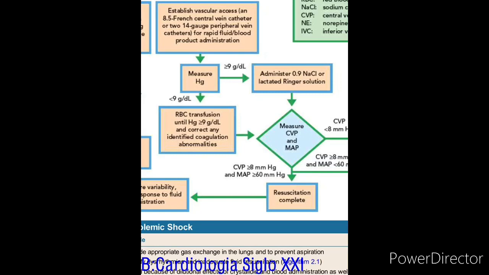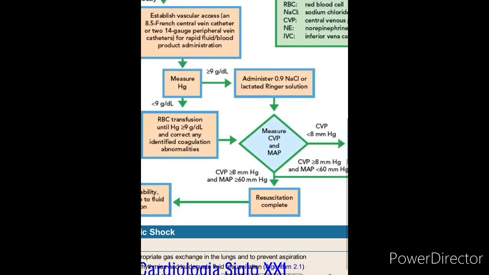This is based on the hemoglobin, so we'll have to measure the hemoglobin. If the hemoglobin is more than 9, then we can start off with crystalloids in the form of 0.9% NaCl or lactated Ringer solution. So in the cases of active bleeding, 2 to 4 liters of crystalloids are to be given.